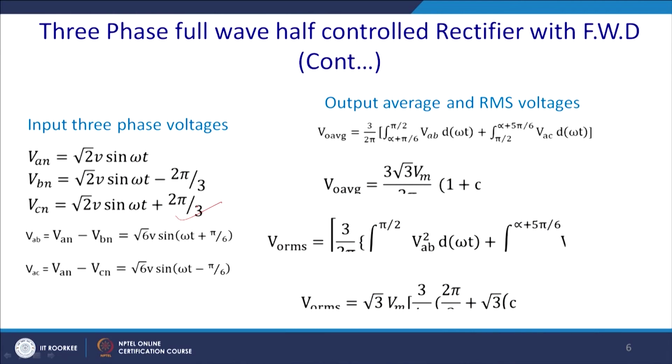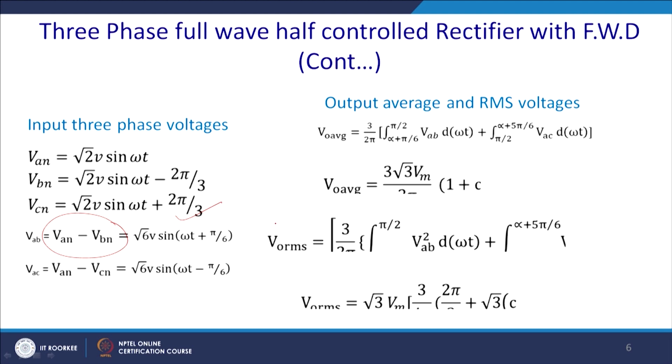So, this is the 3 phase, phase shifted voltage, and ultimately VAB is VAN minus VBN equal to root 6. If you add these two, it will be root 6 V sin(omega t plus pi by 6), and VAC will be root 6 V sin(omega t minus pi by 6).